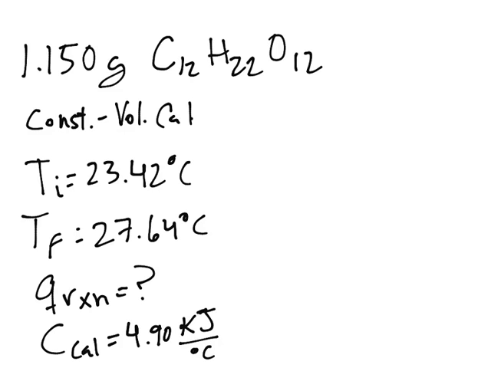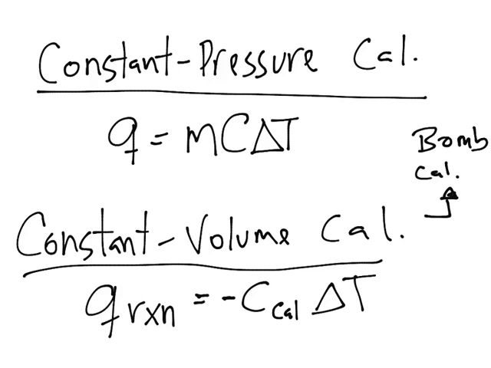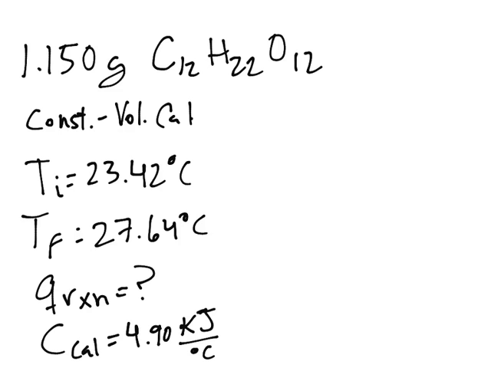So we have everything we need, and we know it's a constant volume calorimeter, so let's look at our equation. The heat of reaction is equal to the heat capacity times the ΔT.